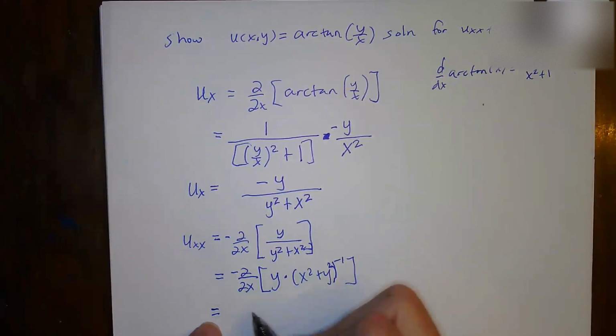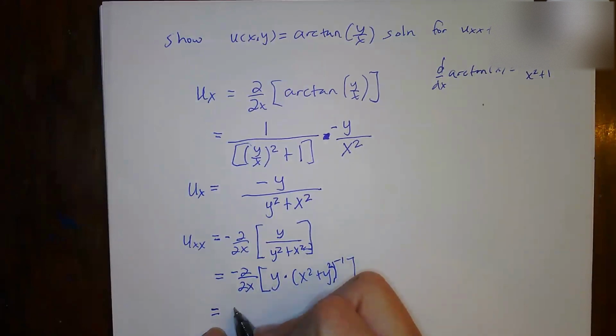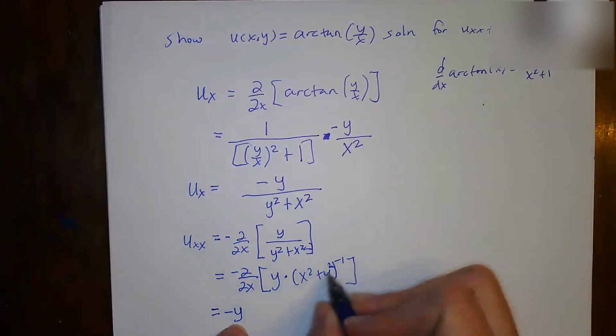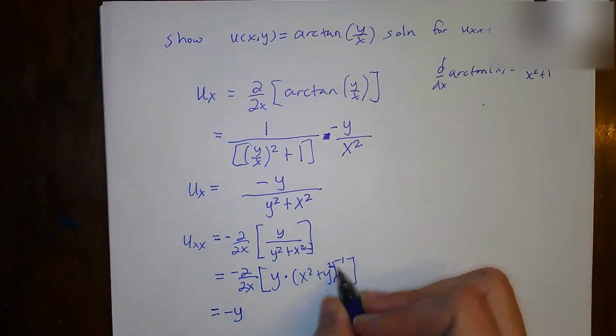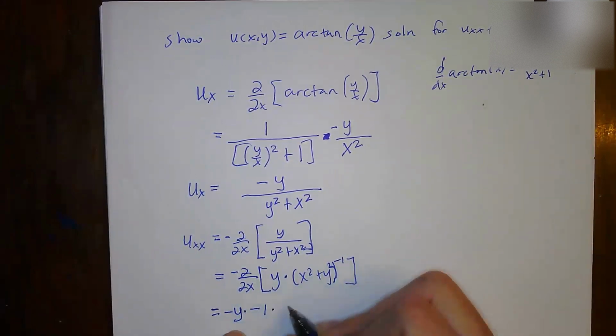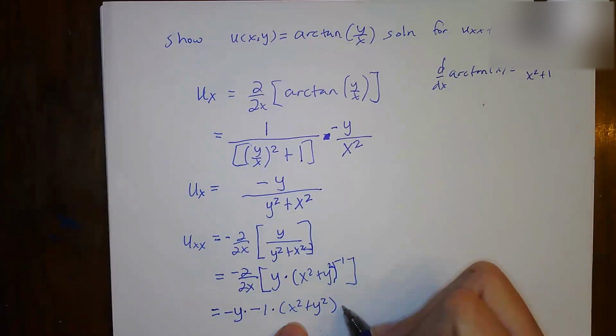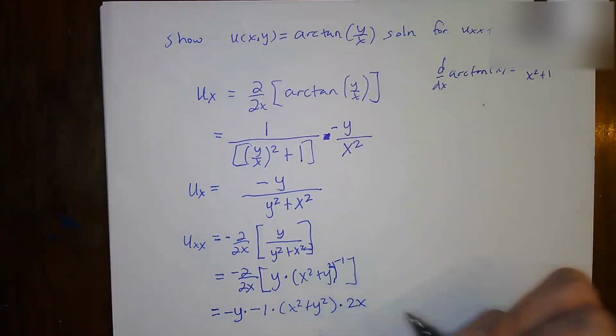And then we can do this. y is like a constant, and we can pull that y out, and we end up with the derivative of this term being negative 1 times x squared plus y squared, and then the derivative of the inside of this term with respect to x is 2x.